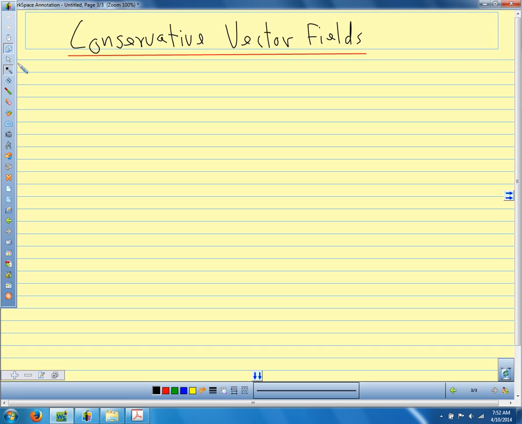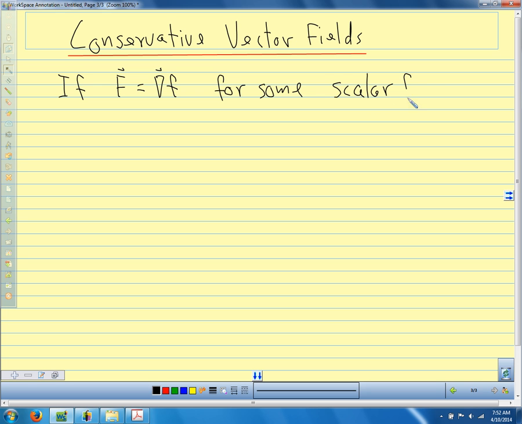A conservative vector field doesn't have to do with their voting behavior. We're going to define a conservative vector field. If our vector field, capital F, equals the gradient of some scalar function, small f, and f is differentiable, we call our vector field F conservative.